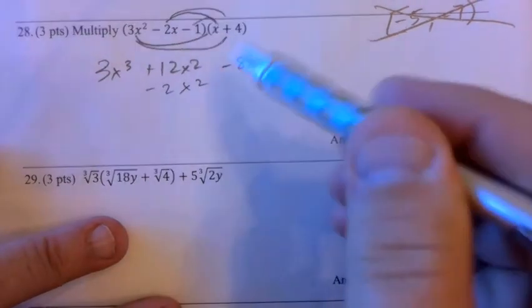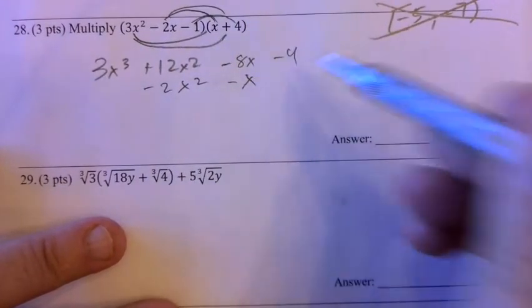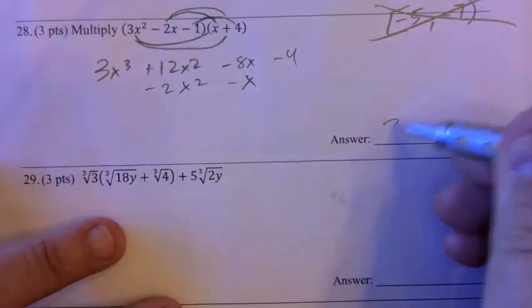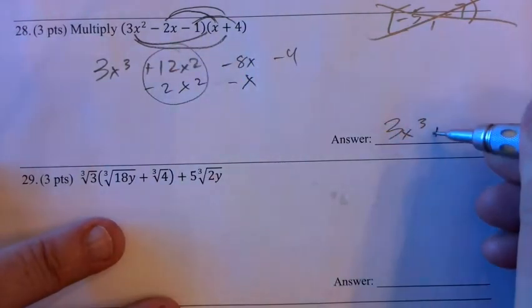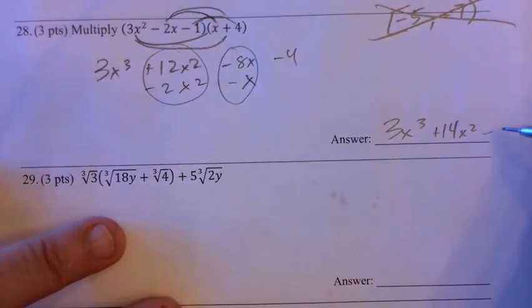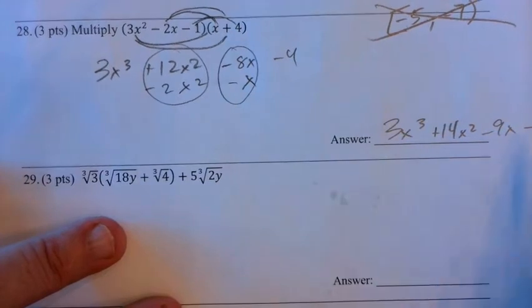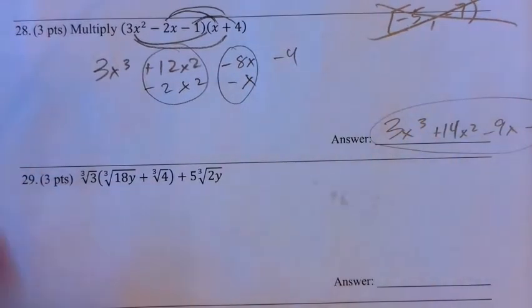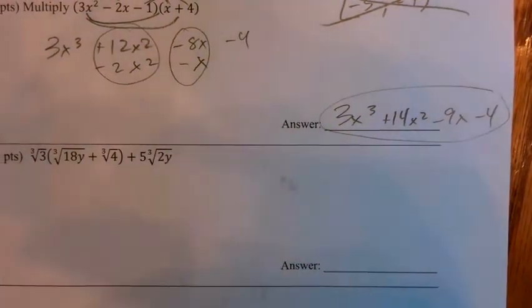Okay, -1 times x is -1x. -1 times 4 is -4. And so I get 3x cubed, 12 plus 2 makes 14x squared, -8 minus x makes -9x, and minus 4. And that's it. Cool. Sorry, I kind of squished that over to the side.